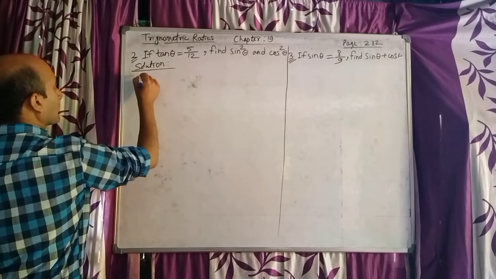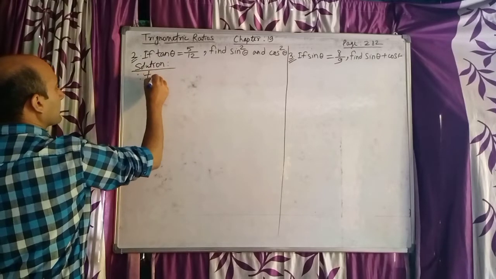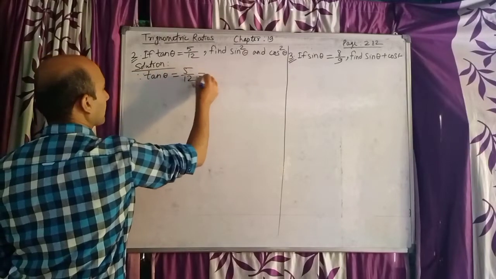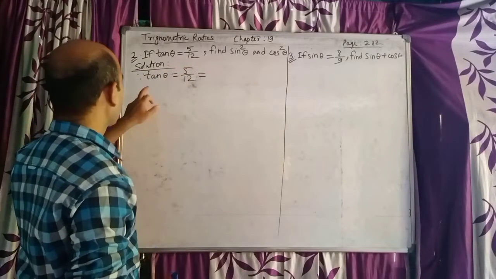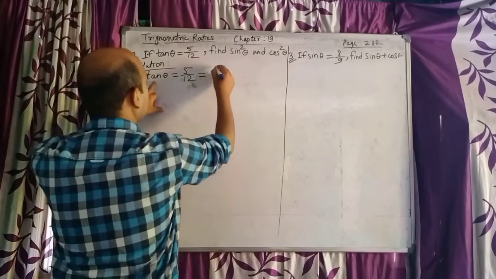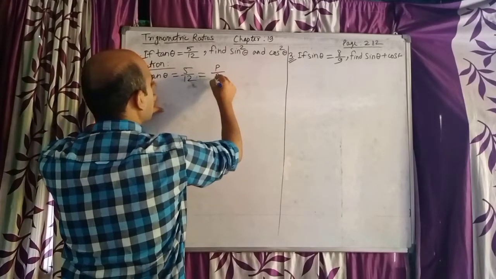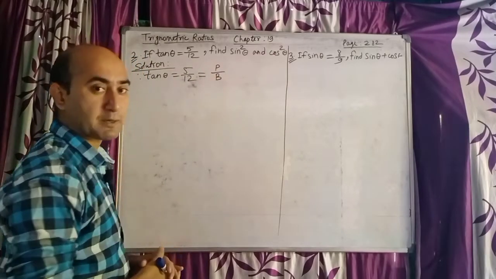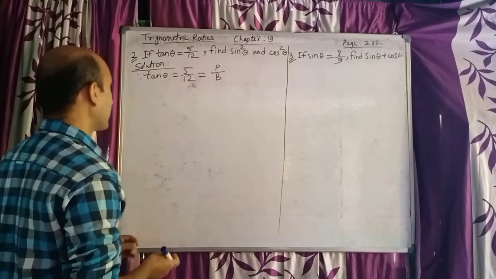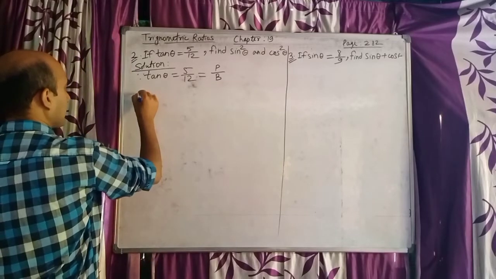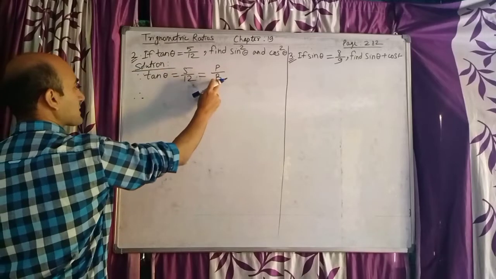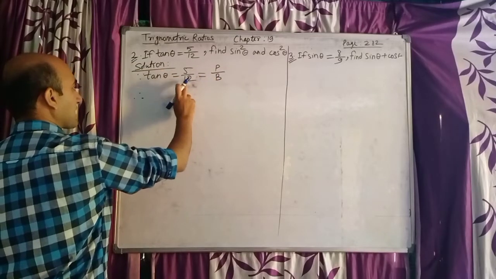Here it is given that tan theta is equal to 5 by 12, and you all know tan theta is P by B, where P is perpendicular and B is base. So I can say perpendicular place has been taken by 5 and base place has been taken by 12.